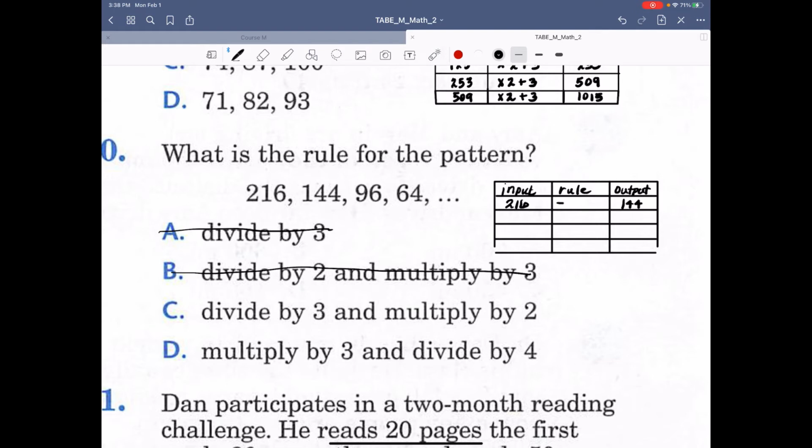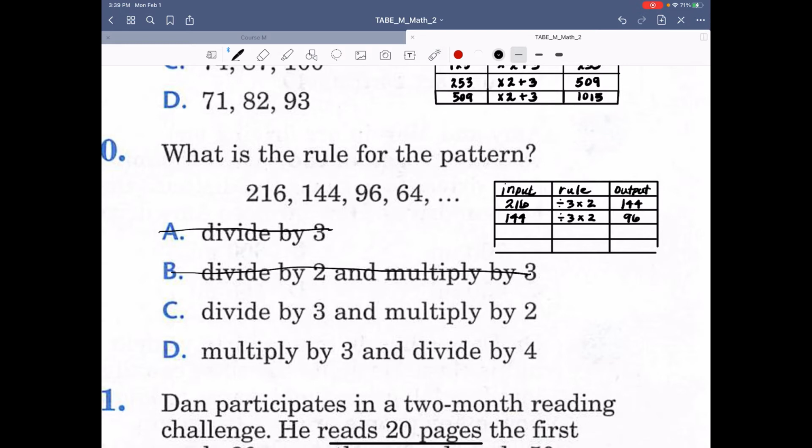So how about divide by 3 times 2? 216 divided by 3 is 72, times 2 is 144. So let's see if it works on this next row. Let's see if we can divide by 3 and multiply by 2. So 144 divided by 3 times 2, it does work.